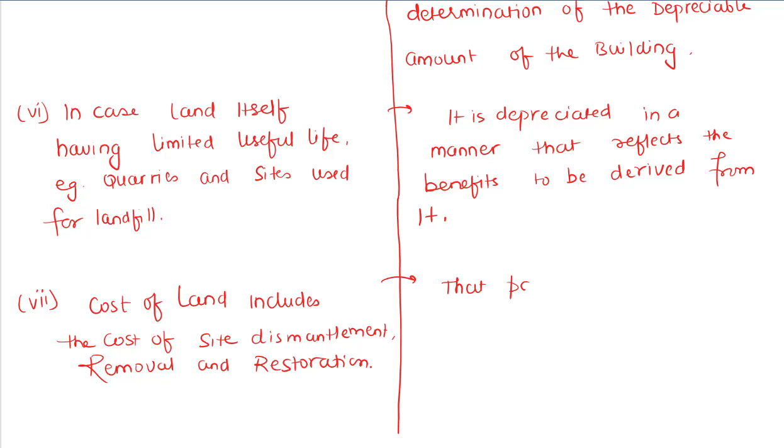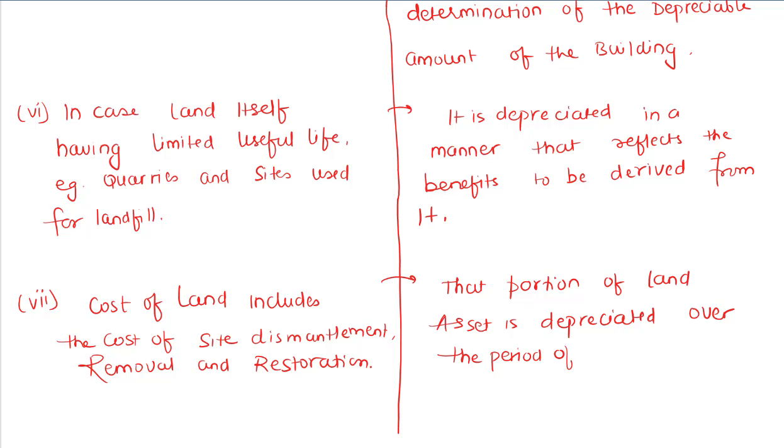So that portion of the land asset is depreciated over the period of benefits obtained by incurring these costs. Understood?